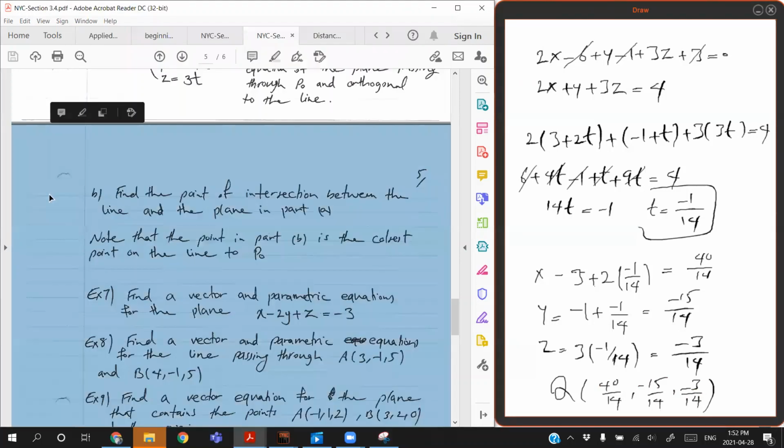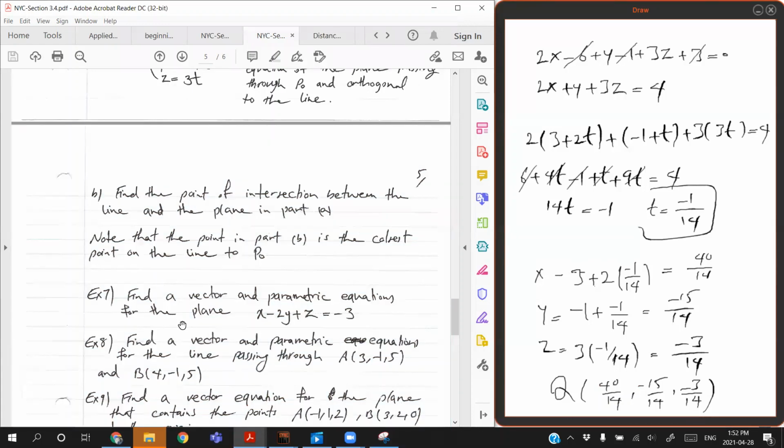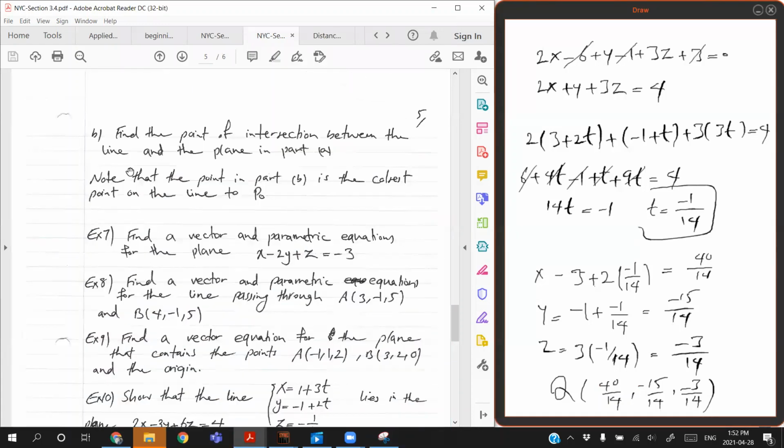Is that clear? So here I have added a note. Note that the point that we just found in part B, the point Q, is the closest point on the line to P0.